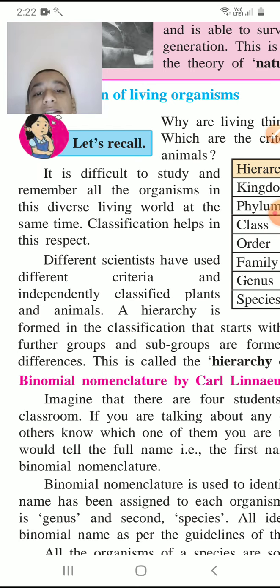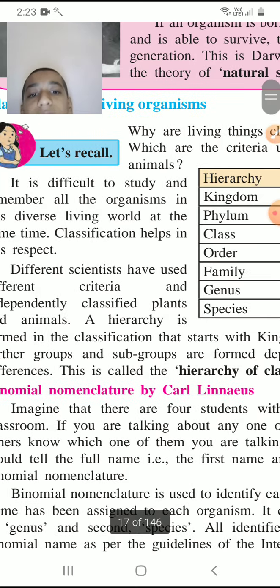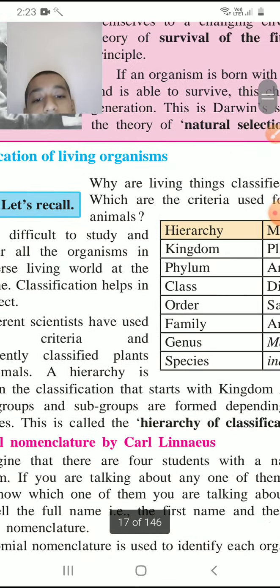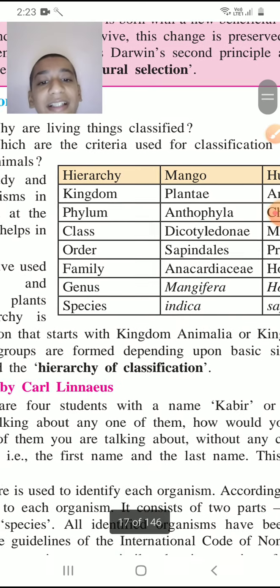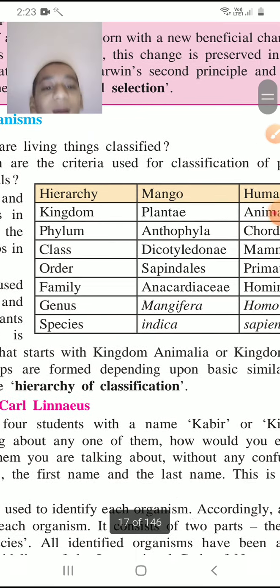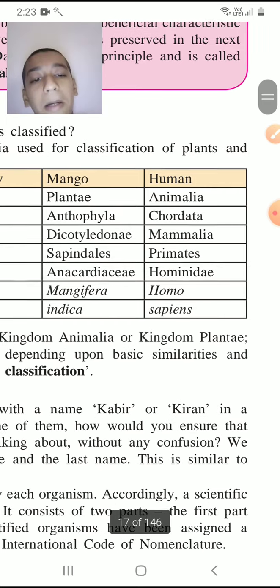Different scientists have used different criteria and independently classified plants and animals. A hierarchy is formed in the classification that starts with kingdom Animalia or kingdom Plantae.